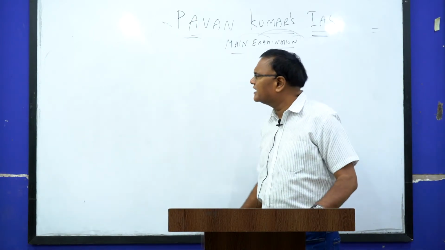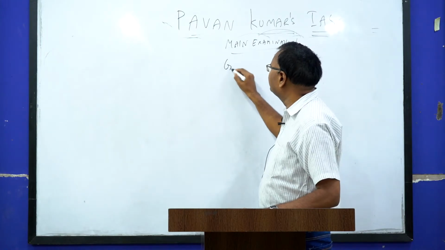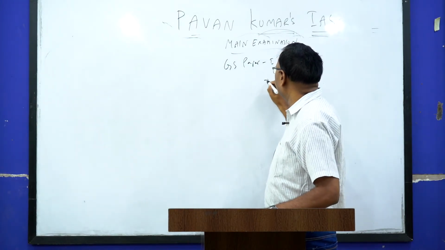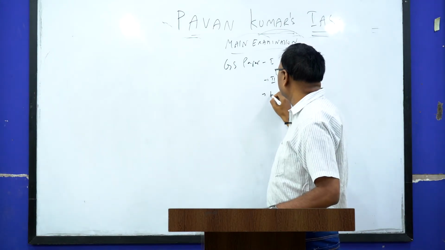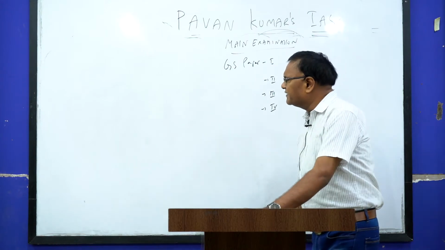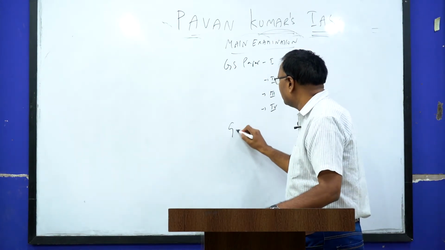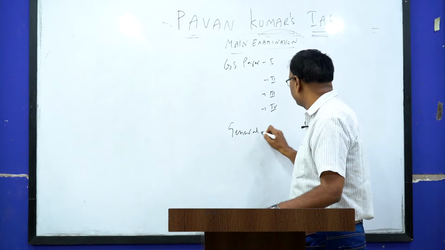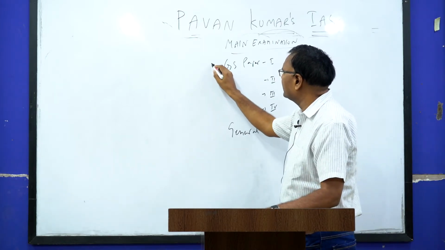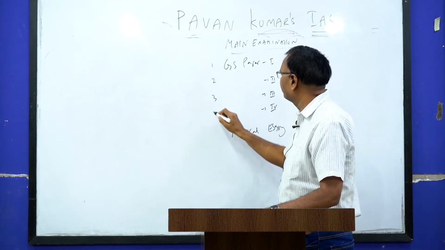Otherwise we have GS 4 papers, paper 1, paper 2, paper 3 and paper 4. Apart from these 4 papers, you also have general essay. These are all compulsory for everyone.